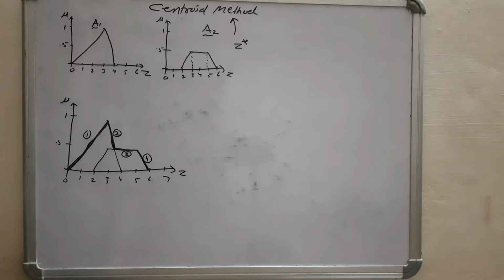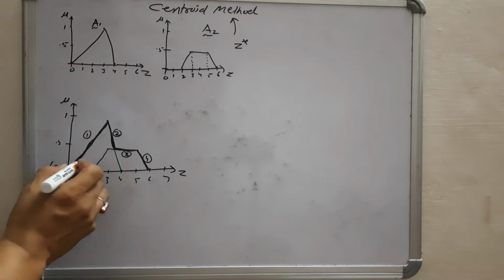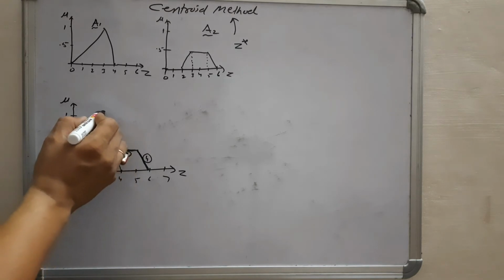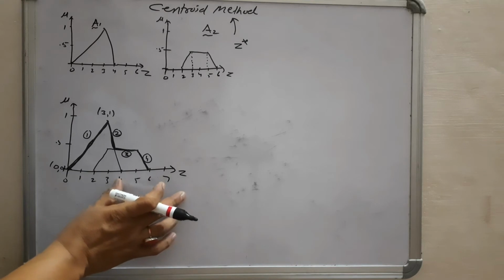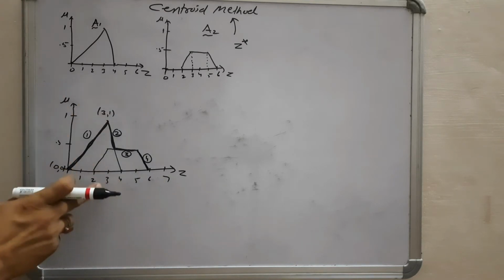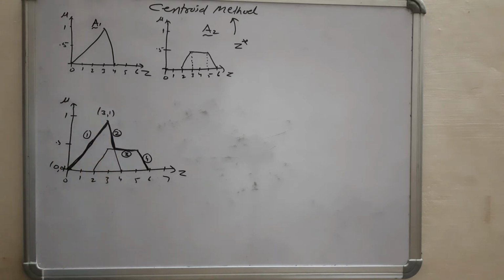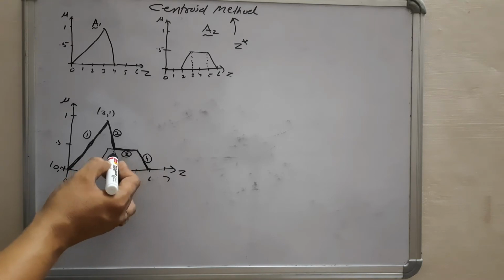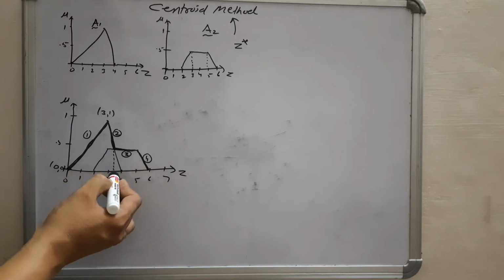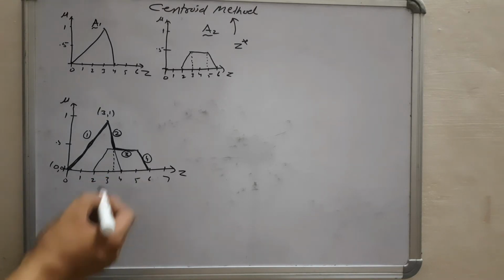The coordinates of this point are 0, 0. The coordinates of this point are 3, 1, because here it is 3 on the horizontal axis and on the y-axis mu is 1. Then to find the coordinates of this point, you project it on the x-axis and find the value.